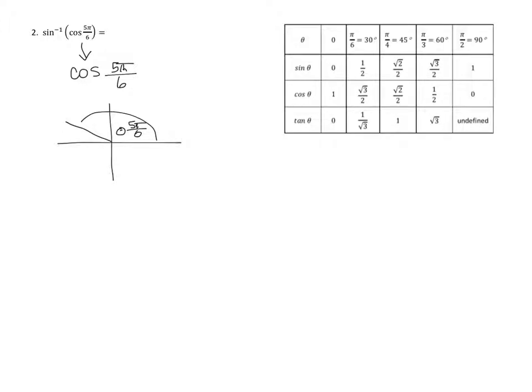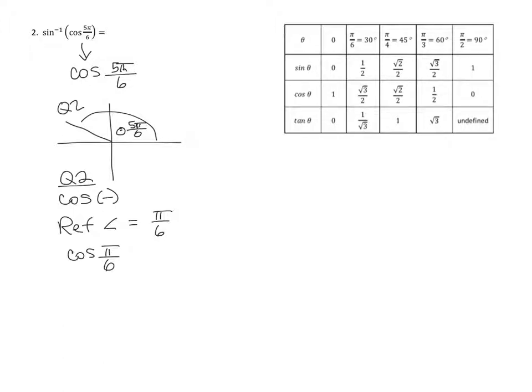Since the terminal angle ends in quadrant 2, that means cosine in quadrant 2 is negative. So our answer should be some kind of negative number. Let's look at the reference angle. The reference angle of 5 pi over 6 equals pi over 6. What's the cosine of pi over 6?